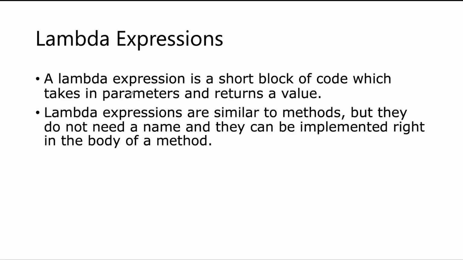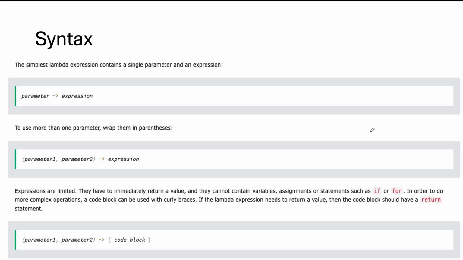The main difference between a function and a lambda expression is that lambda expressions do not have a name, and they are implemented in the body itself. So here is some syntax of how to use a lambda expression. You can give a parameter to a lambda expression and it will be completed. You can also pass multiple parameters.